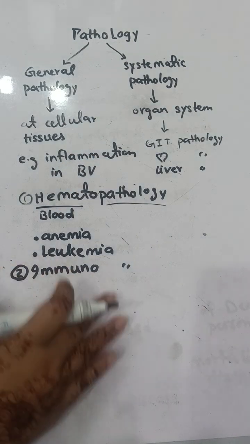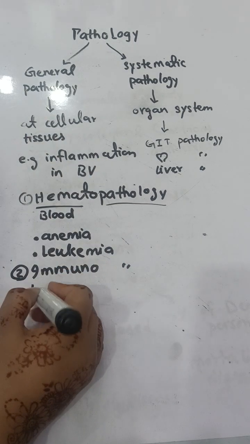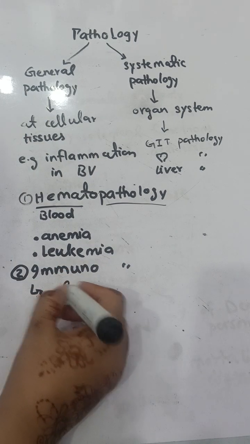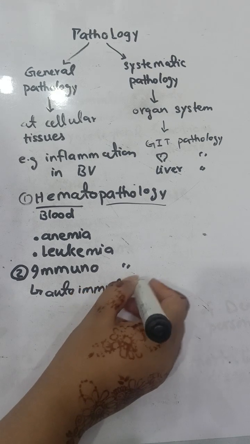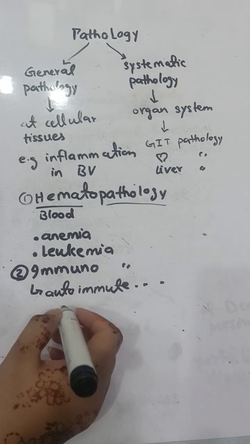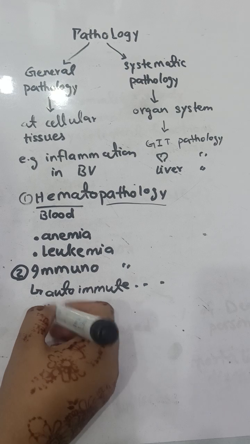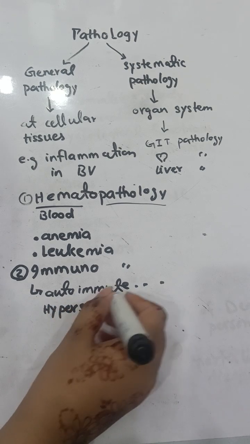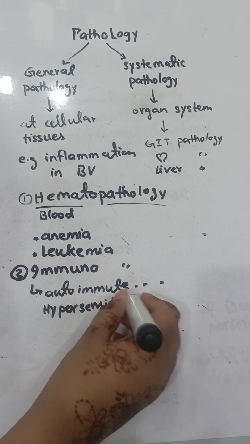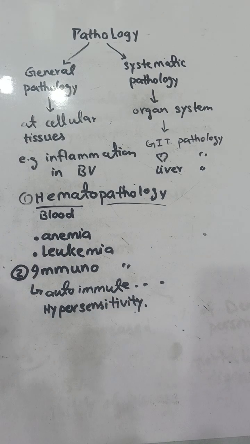A lot of autoimmune disorders occur in your body, you know what they are. Hypersensitivity is a very good example of it, and a lot of autoimmune disorders occur in your body. You can add examples of them.